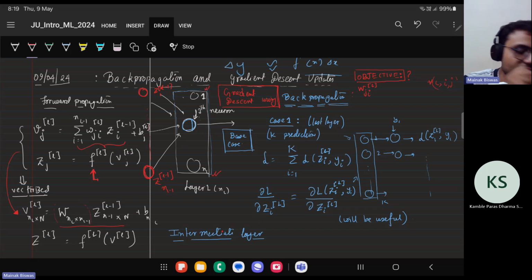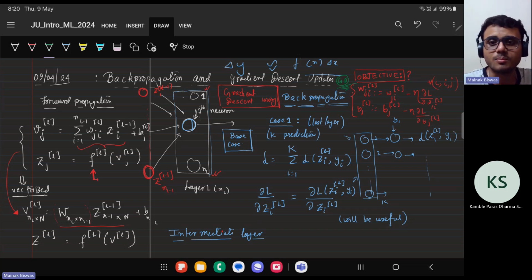So for all layers we would need to do gradient descent, assigning each weight back. Similarly for b_j of layer L, I need to do b_j equals b_j minus eta times dL/db_j of L. And I will keep on doing it until convergence. This was the gradient descent algorithm.